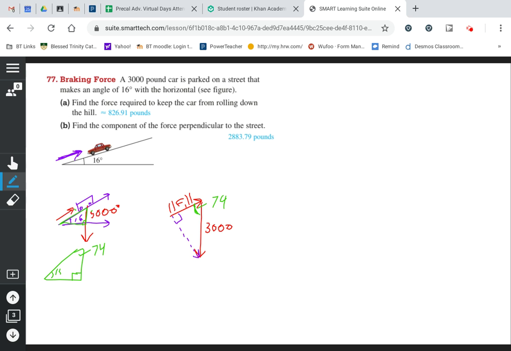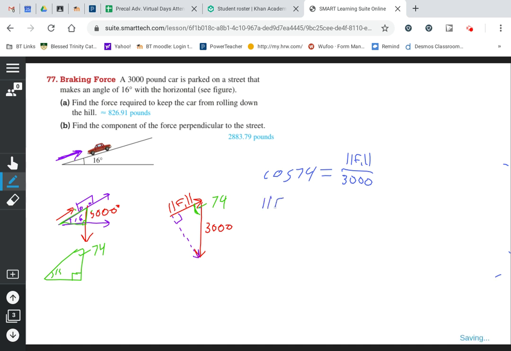So here we go. Since I got the angle and I'm given the adjacent side and the hypotenuse now of this triangle, I'm going to use cosine. So I'm going to say cosine of 74 equals my force over 3,000. So now I just got to solve for the force.